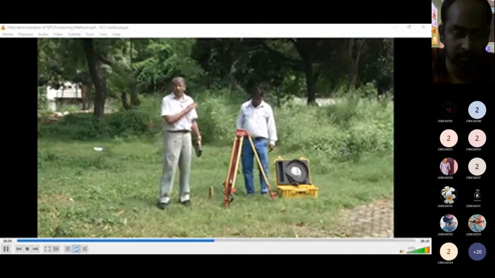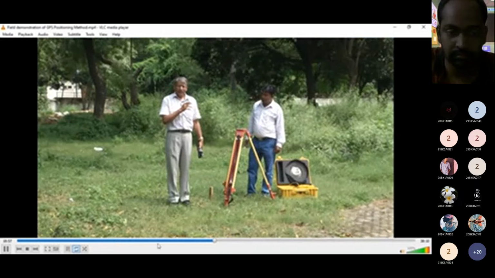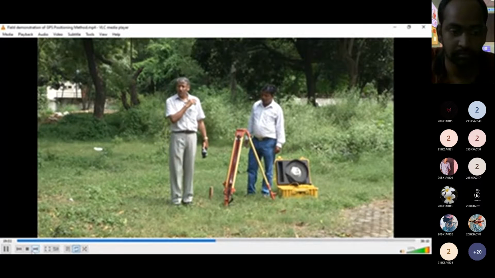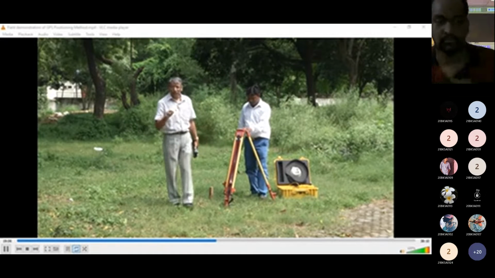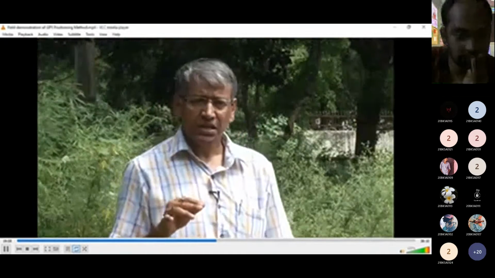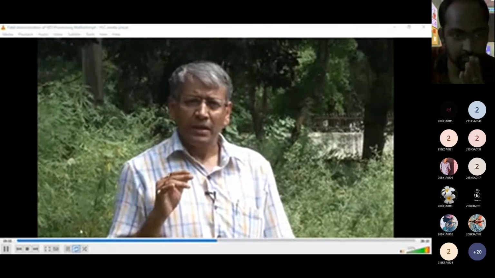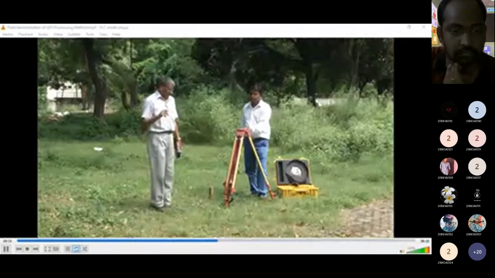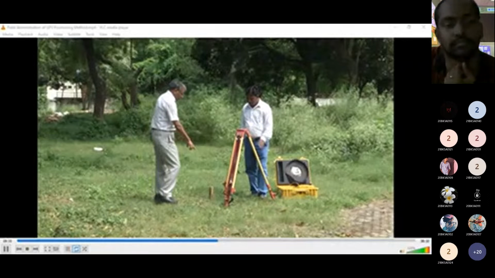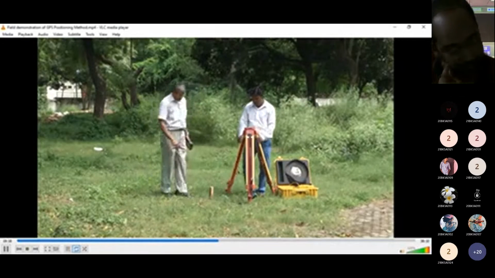Now after our reference station has been set up at the reference location, or base station has been set up as a reference station, we will be setting up the rover station for our relative static positioning. So this is the point whose location we need to find out.